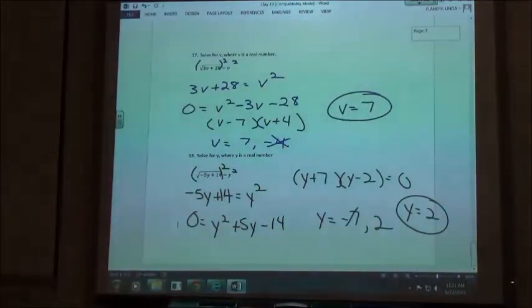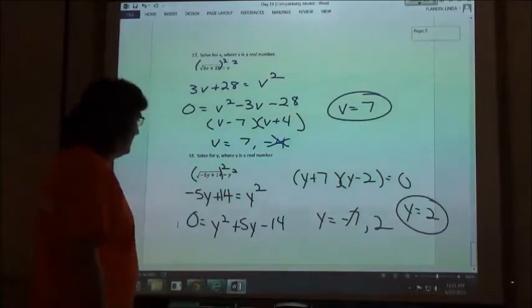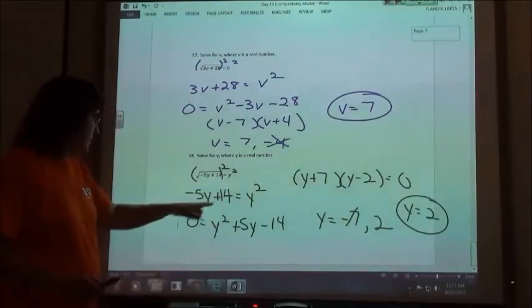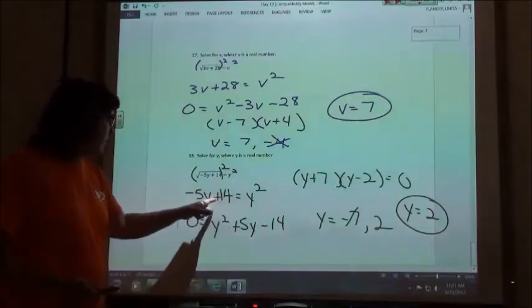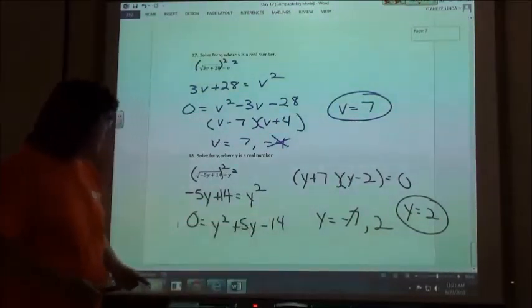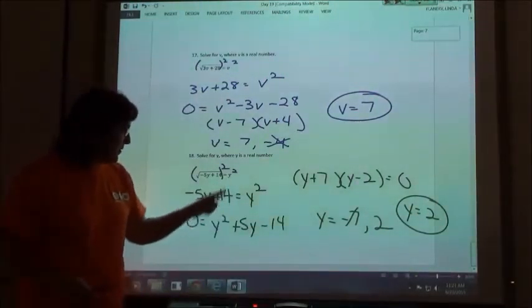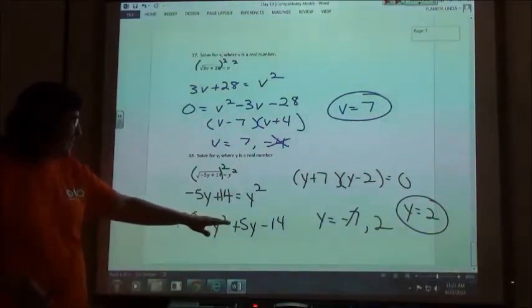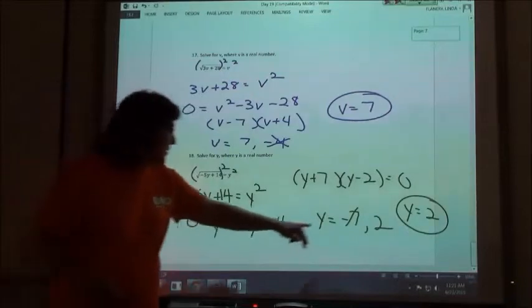Got a question? Threw in negative 7, wouldn't it be a positive 35 plus 14? Oh, like, with the negative 7, you said it won't work if you put it back in.